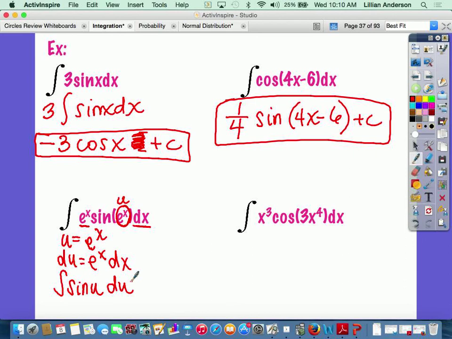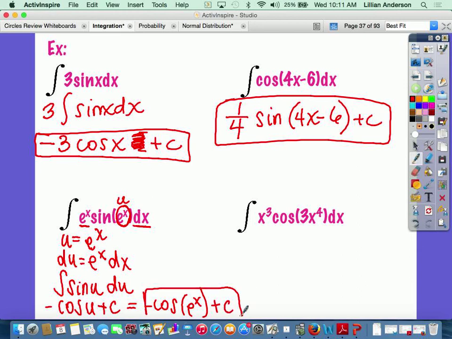What's the integral of sine u? Negative cosine u plus c. But I can't leave that u there, I have to replace it with e to the x, which was originally my u. Okay. Questions?